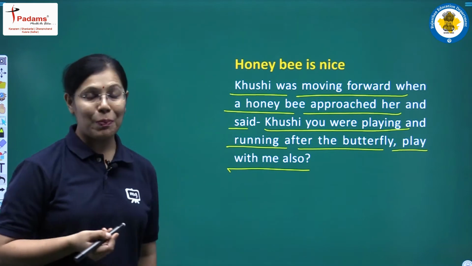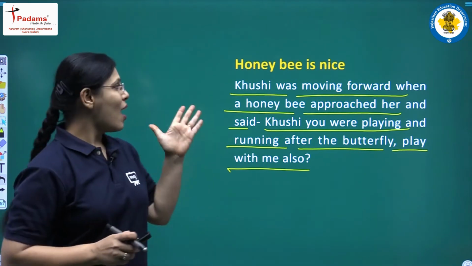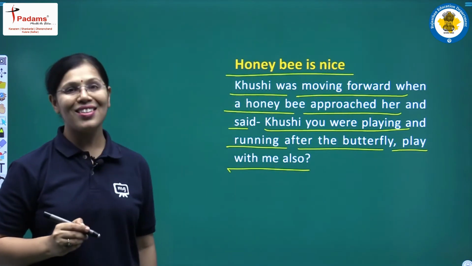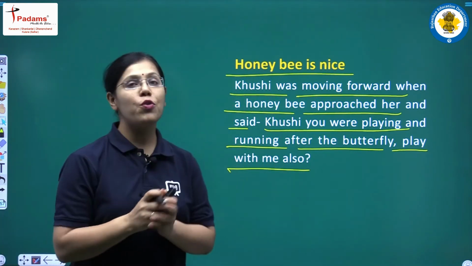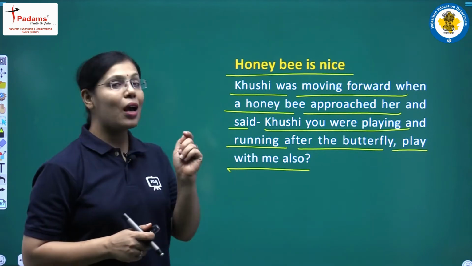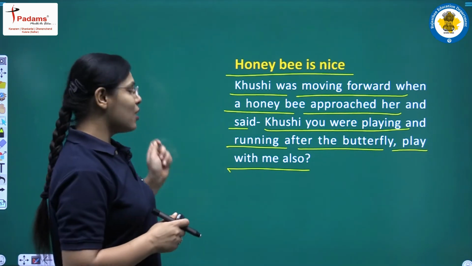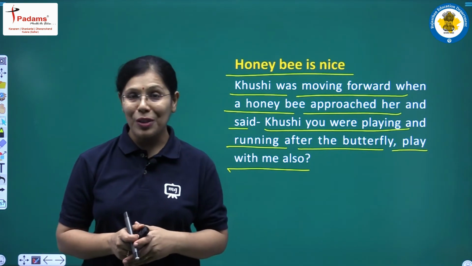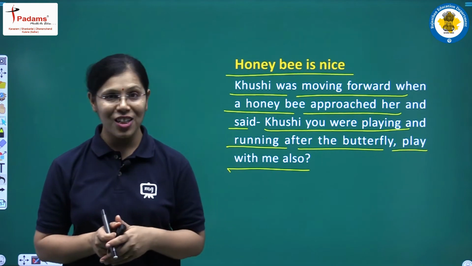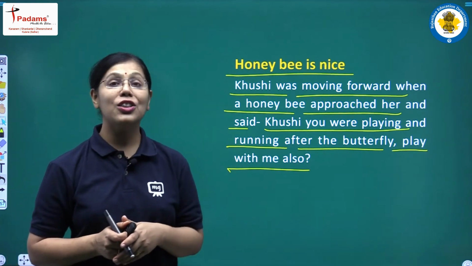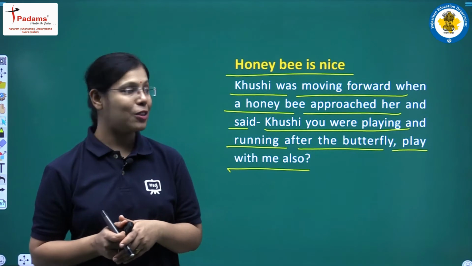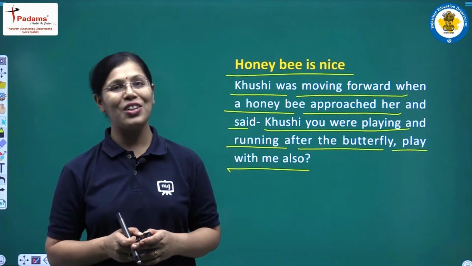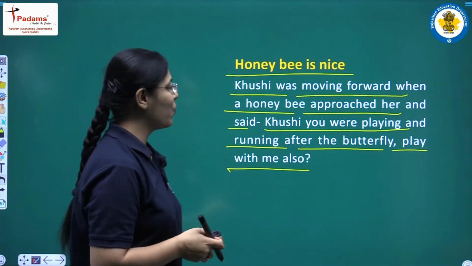So, here in this part, we are going to talk about the honeybee. Honeybee was watching Khushi and it said that you were playing and running after the butterfly. Play with me also. So, the honeybee was asking Khushi to play with her.